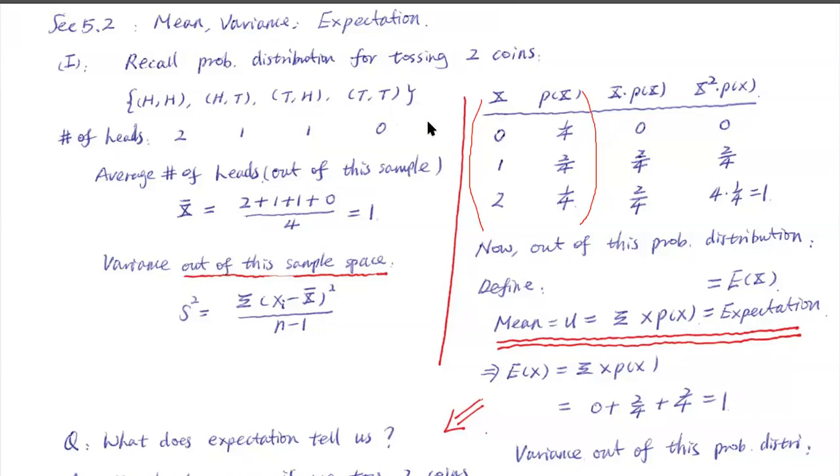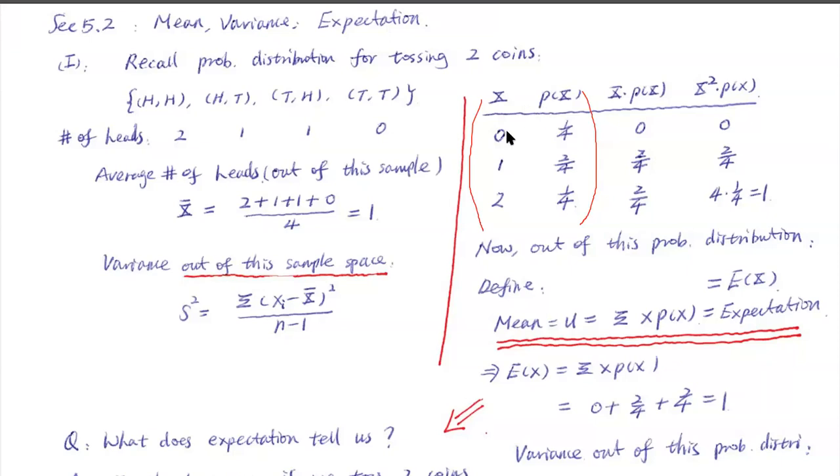X is the number of heads that we are trying to find out, so X is 0, 1, 2. So we're getting 3 cases instead of 4 outcomes. That's the benefit: using a probability distribution, we summarize information.